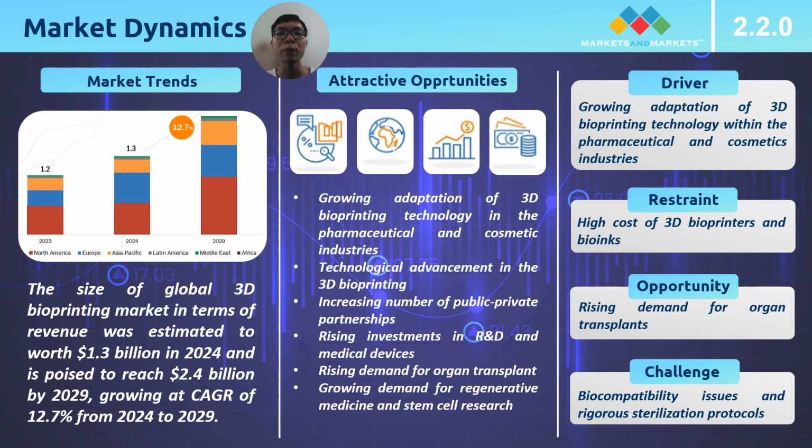The increase in market size is driven by several attractive opportunities, one of which is the growing adoption of 3D bioprinting technology within the pharmaceutical and cosmetics industries. However, the high cost of 3D bioprinters and bioinks, biocompatibility issues, and rigorous sterilization have been the restraints and challenges in expanding the market of 3D bioprinting globally.